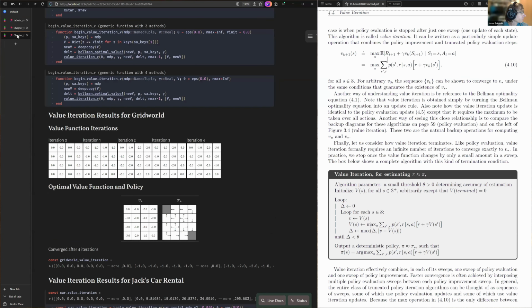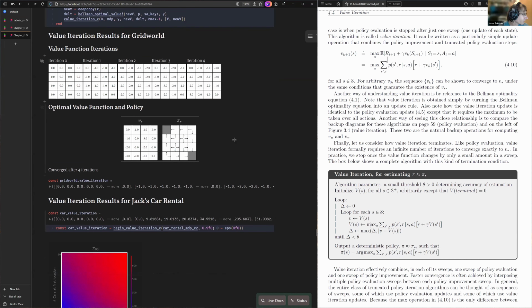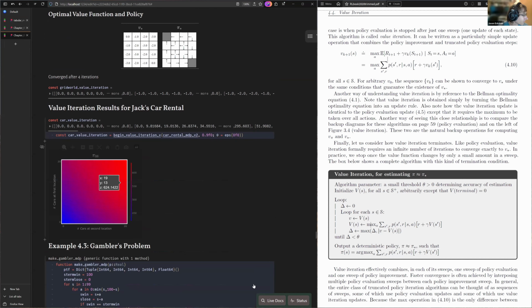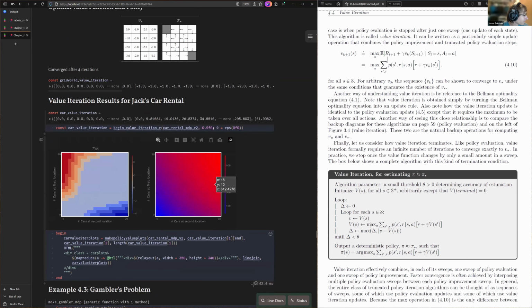What's being shown here still matches this pseudocode, and the result should be the same, but the implementation is a little different. This is showing value iteration on the grid world. This is also showing value iteration on the Jack's car rental problem.